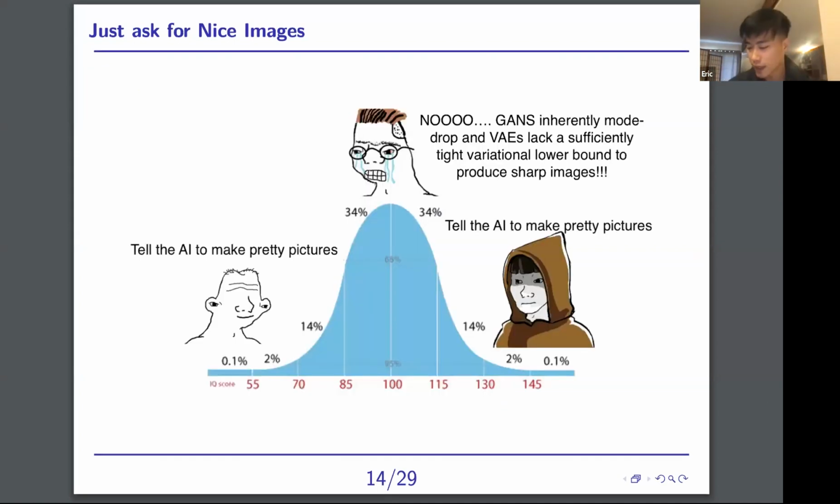This reminds me of the IQ bell curve meme, where the kind of person who overthinks it thinks that GANs and VAEs need some sort of mathematical formalism to get you better images. But at the end of the day, you just tell the model to make pretty images and it'll do it. And that's kind of where we are today, I think, in a lot of large scale models. And that potentially has a lot of exciting implications for how we design algorithms.